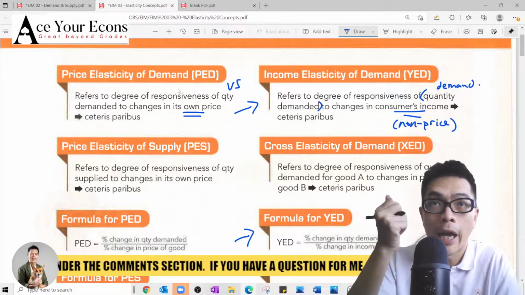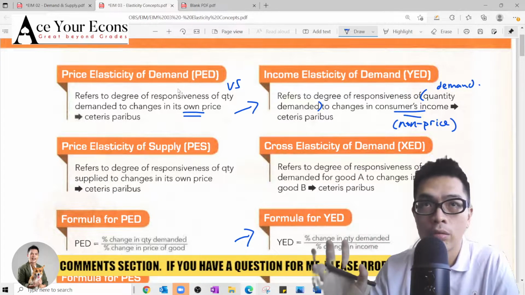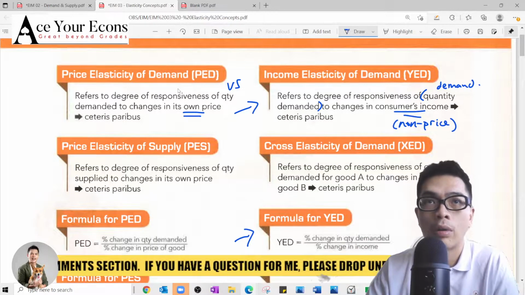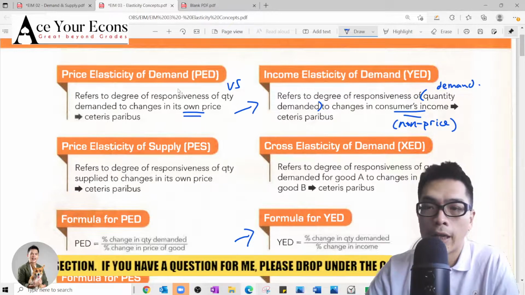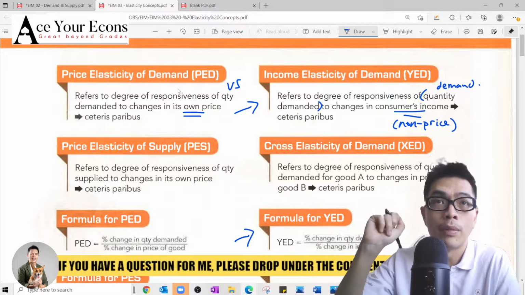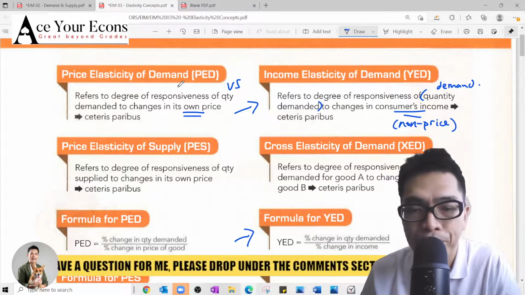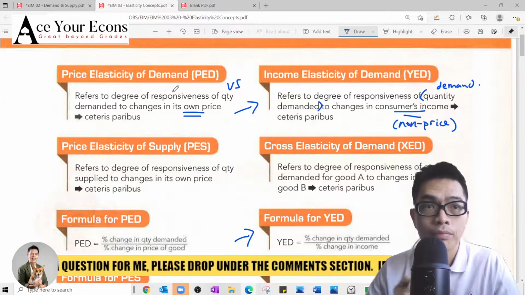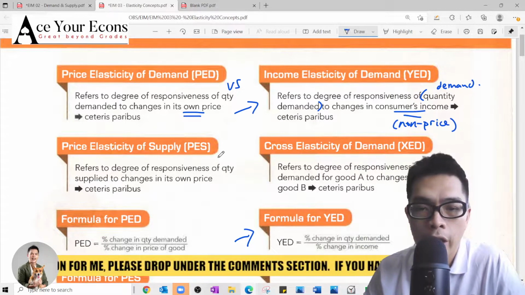So the equilibrium quantity is actually plugged into here. It's not a big deal. I'm going to show you in a diagram in a short while how we are going to bridge the difference. So whenever you are expected to define, check with your school notes. If your school notes use demand, you use demand. If your school notes use quantity demanded, you use quantity demanded. Is everyone clear? Okay, any questions, please pen this down on the chat.